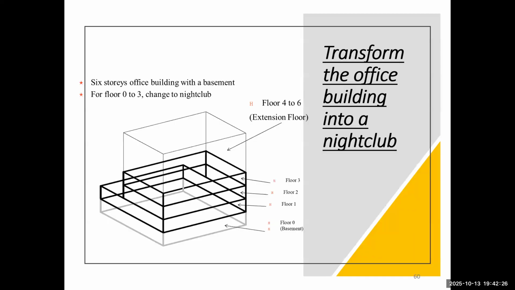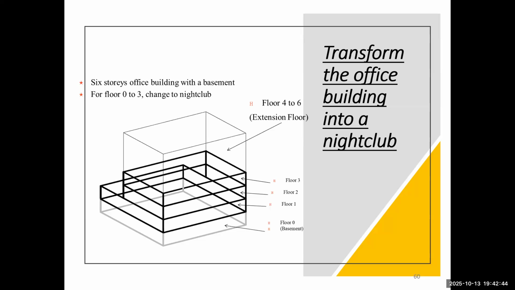So here, let's move to our case. What is our case? Our case study is a very interesting topic. It is a 6-story office building with a basement. The basement, we name it floor 0.